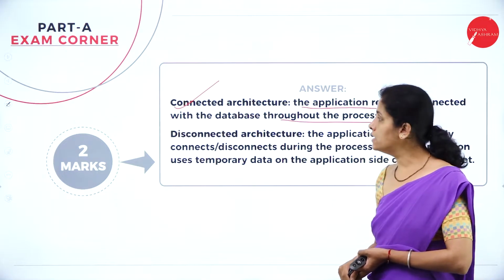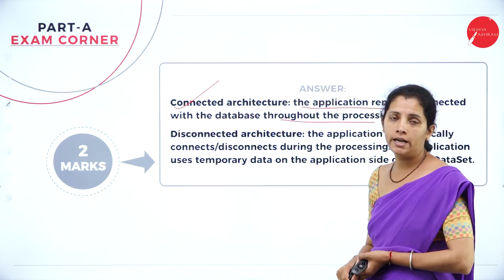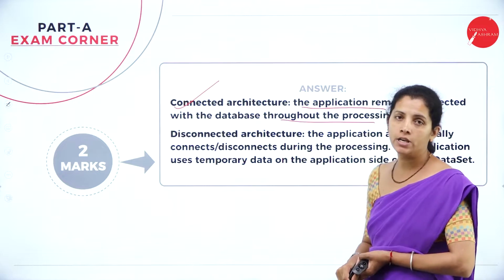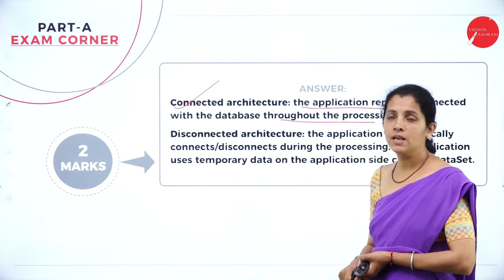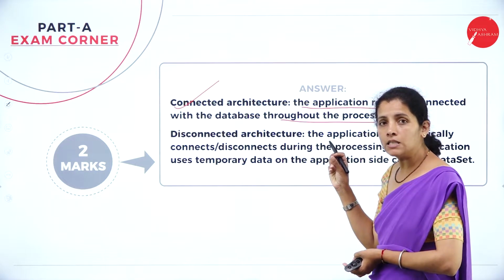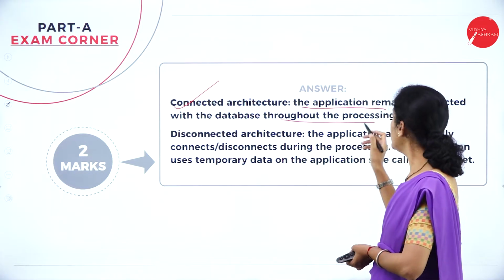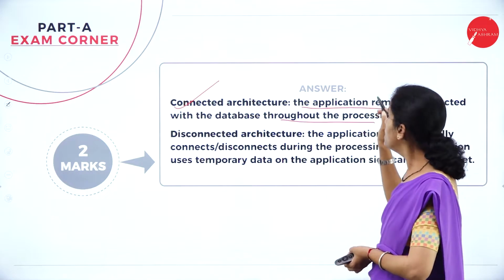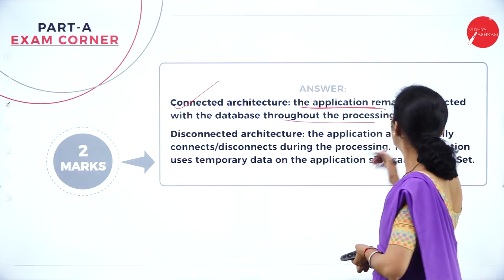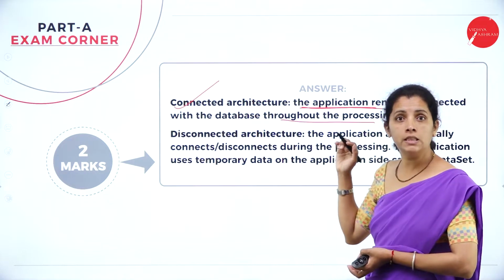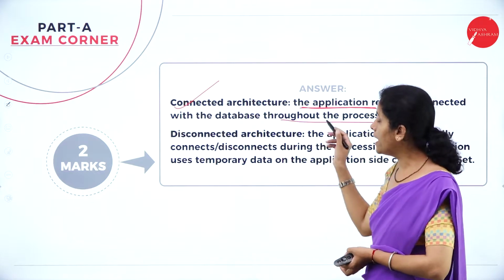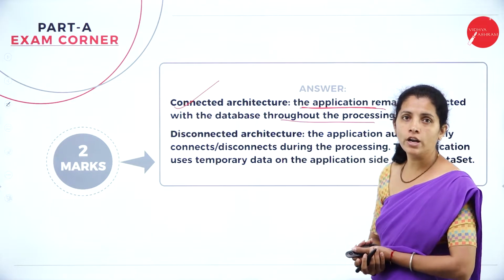So dear student, here ADO.NET is mainly used to establish the connection between the application and the database. If the application must remain connected with the database throughout the execution, then that is known as connected architecture.